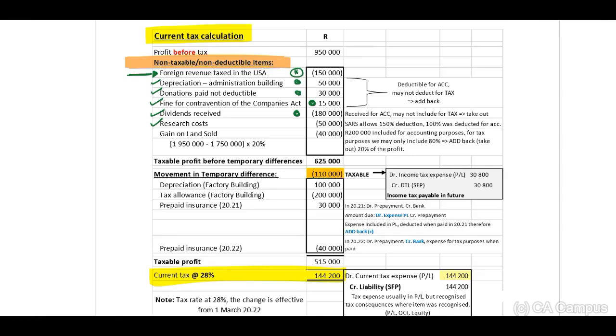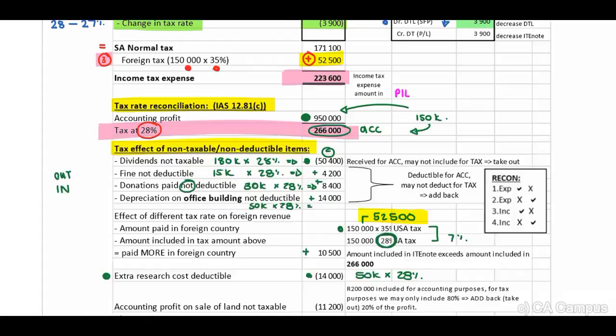And we are able to take off our foreign revenue. Next line item, the gain on land. For accounting, we've included the 200,000. But for tax, we may only include the 160,000. Remember, 80%. Therefore, that 20% we need to include in our reconciliation.